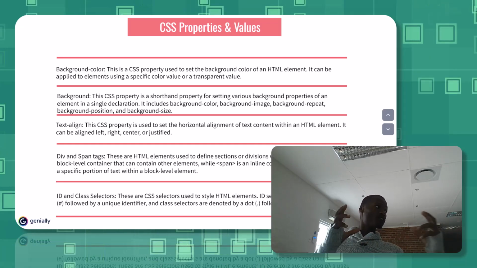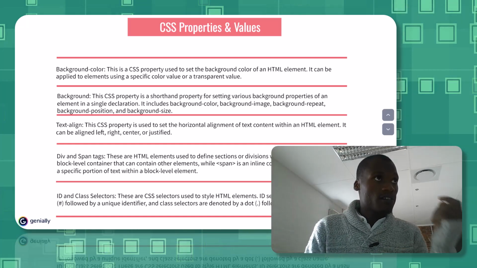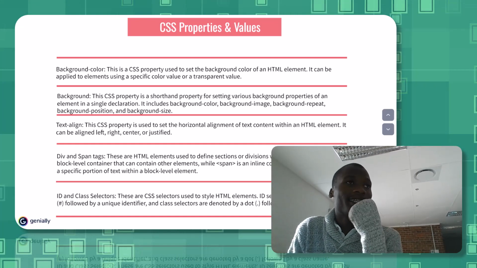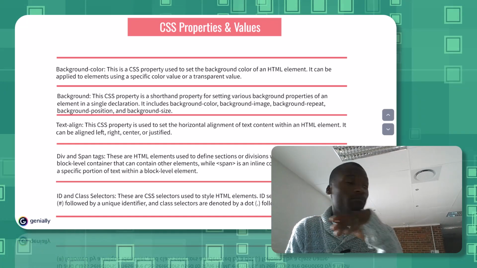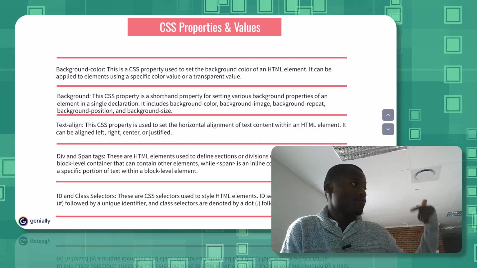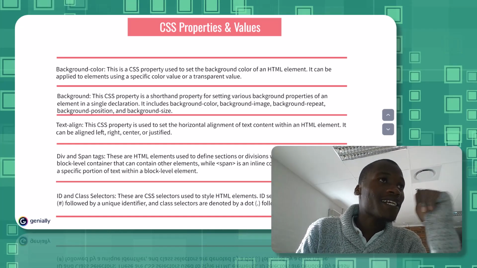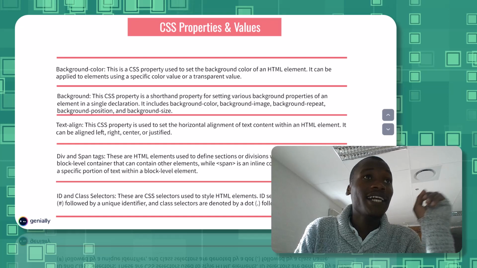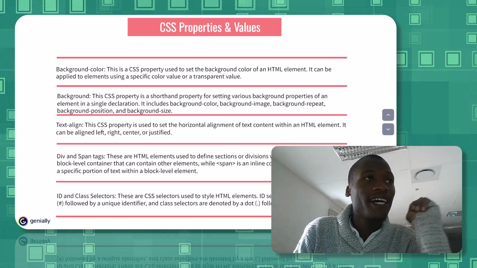You understand? Then we have an ID and a class selector. I think we already spoke about them, but I need to remind you so that you can remember, because without these, we are nothing in CSS. The ID and class selectors are CSS selectors used to style HTML elements. ID selectors are denoted by a hash, followed by a unique identifier, the name that you have given your ID, because it's custom.